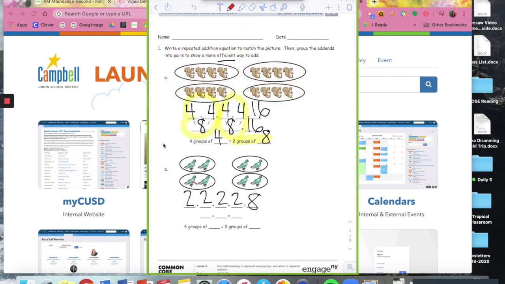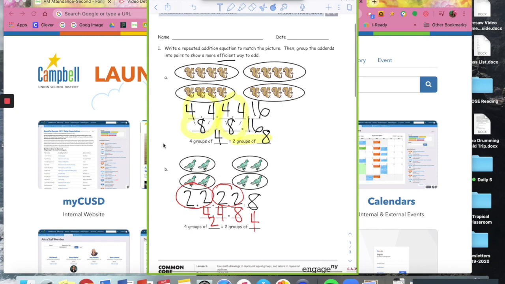I'm going to combine 2 plus 2, which equals 4. 2 plus 2, which equals 4. 4 plus 4 equals 8. So I had 4 groups of 4, 2 groups of, I'm sorry, let me erase that. That was not correct. 4 groups of 2, and then 2 groups of 4. Okay, got to really pay attention. Even I got mixed up there.